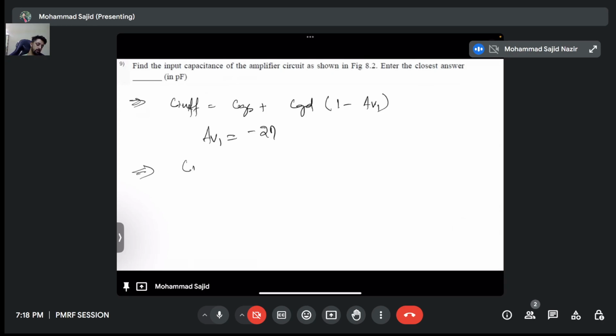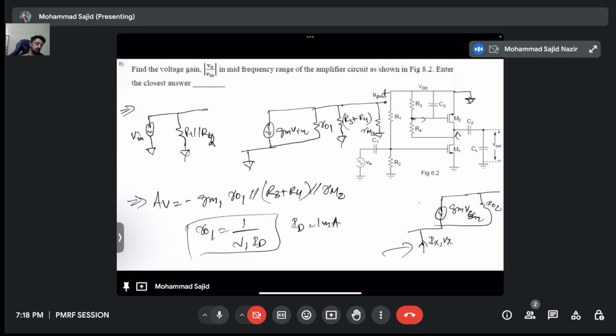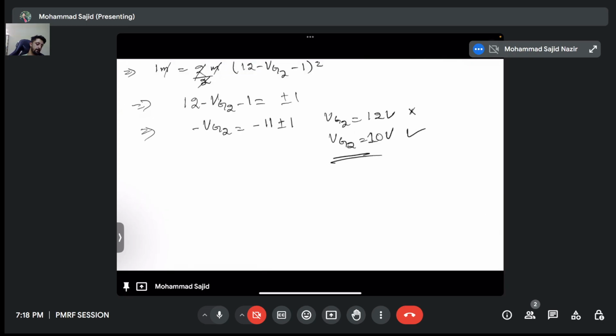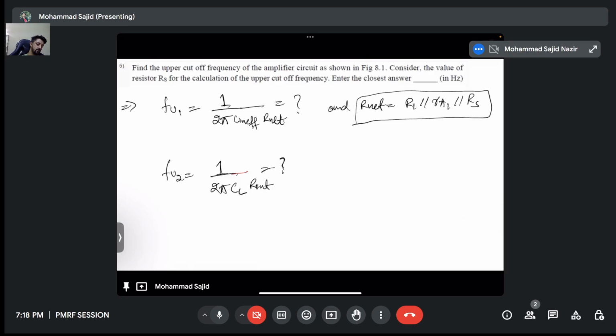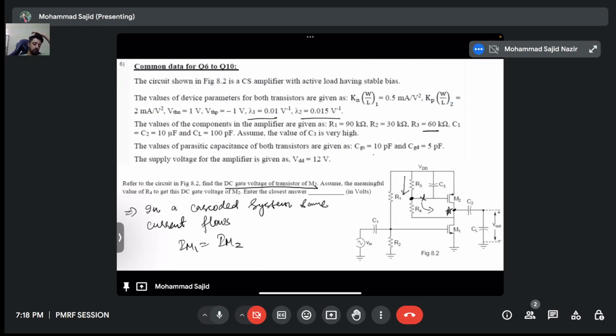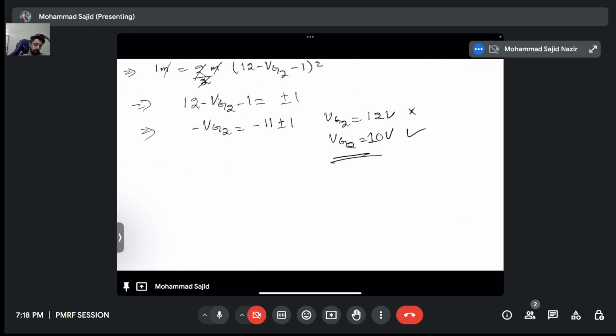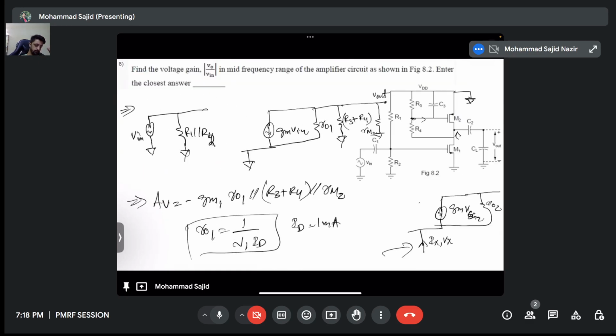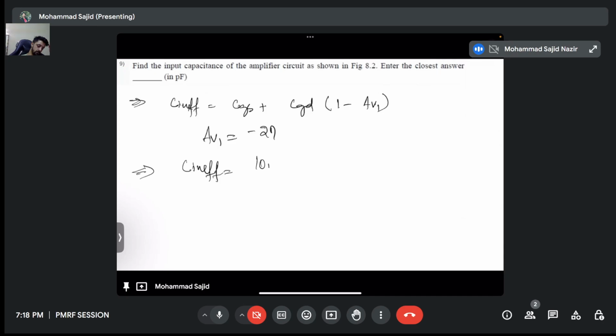Therefore, C input effective: CGS is given in the question as 10 pico, CGD is 5 pico, which is 10 pico plus 5 pico times 1 minus minus 0.27. It turns out to be.